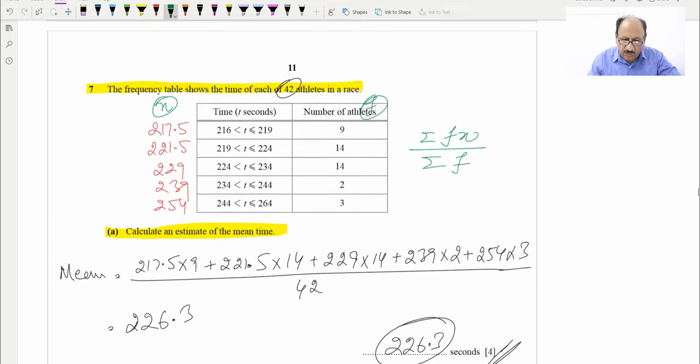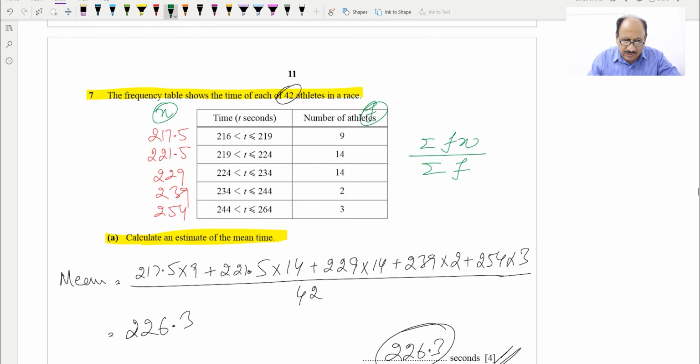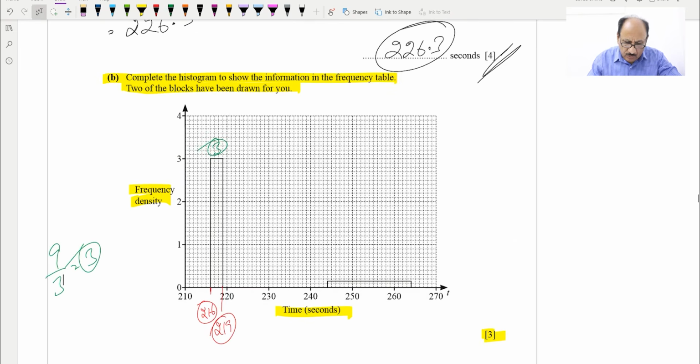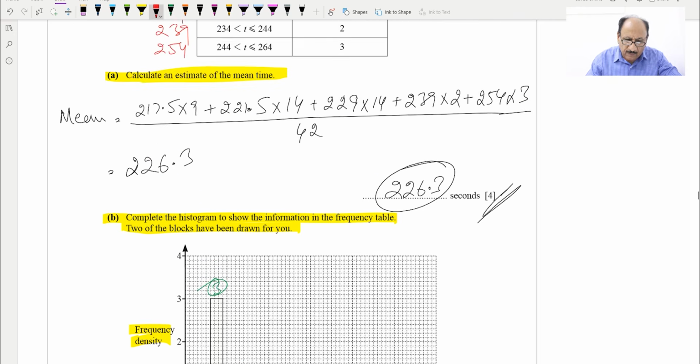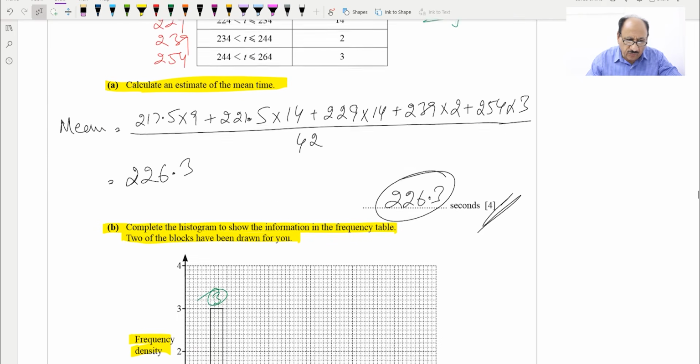Next we find 219 to 224. The width is 5 and the frequency is 14.